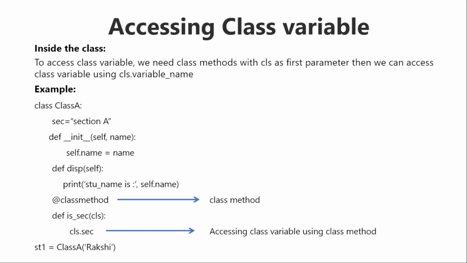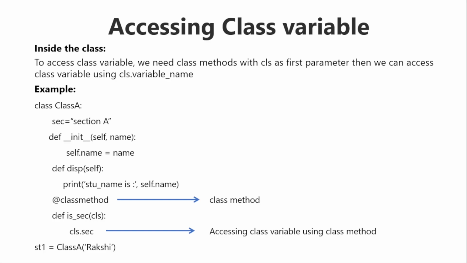In order to access our class variable, we need to add the classmethod decorator, then define a function with the class variable name, and the first parameter will be cls. So cls.sec accesses the class variable inside the class method. When you call this, you will get the class variable.